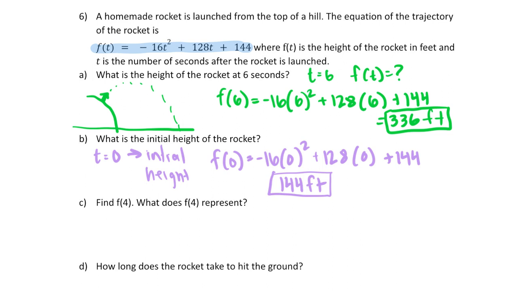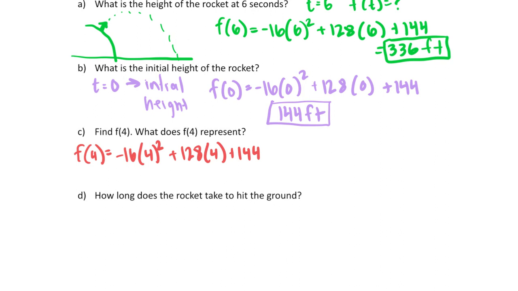The next thing is find f of 4. So that also will have us plug 4 into the equation. So if I go and I plug that in, okay, I used my Apple calculator, so hopefully this calculated right, but I got 400 feet.